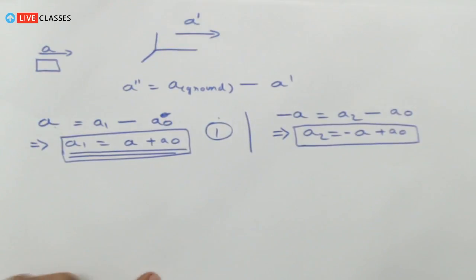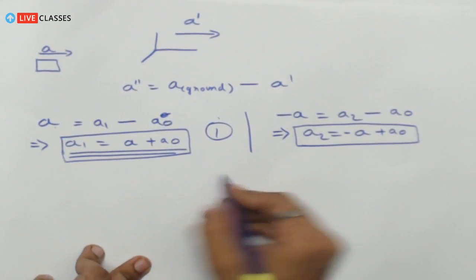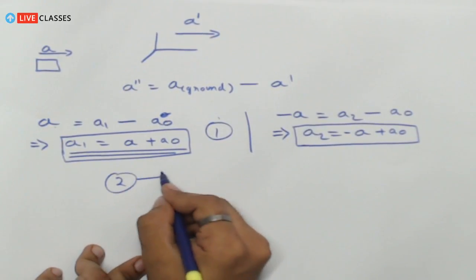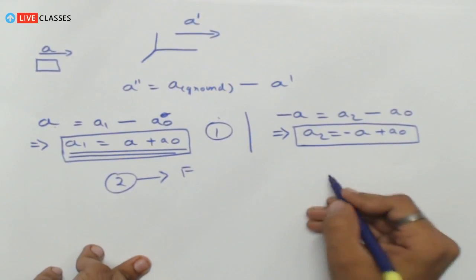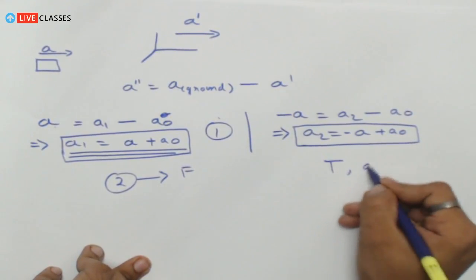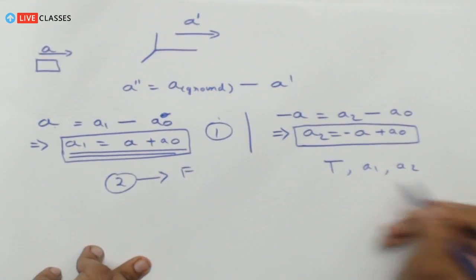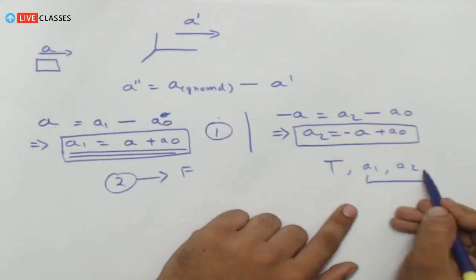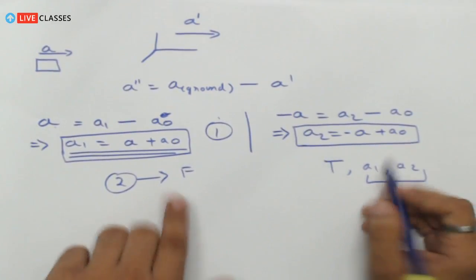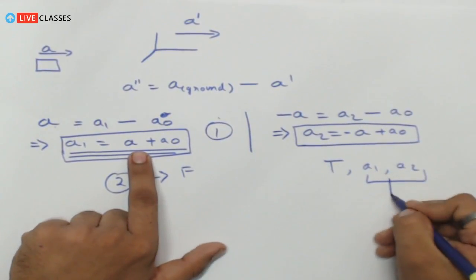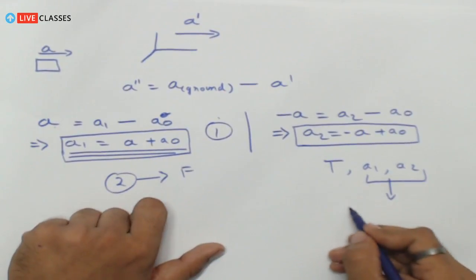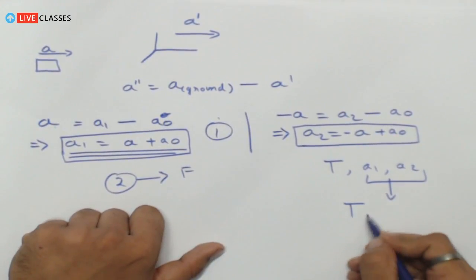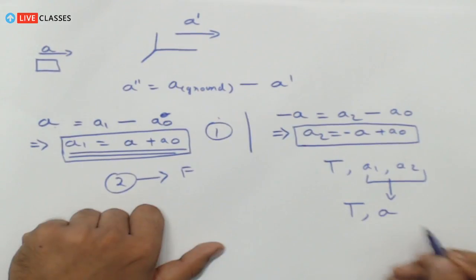So what we have done right now, we have two force equations, remember, and T, A1, A2, three unknowns. Now we have linked A1 and A2 with the use of A. So what we now have to find is T comma A.